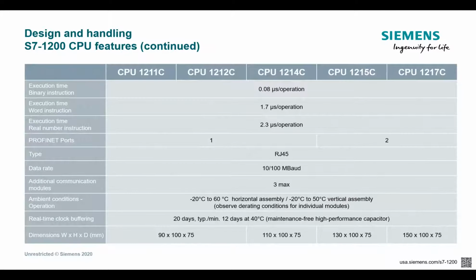Looking at execution time, these are fairly fast processors, and for most applications, they're going to do pretty good. You do want to keep an eye on the processor as you start looking at distributed control, motion control.